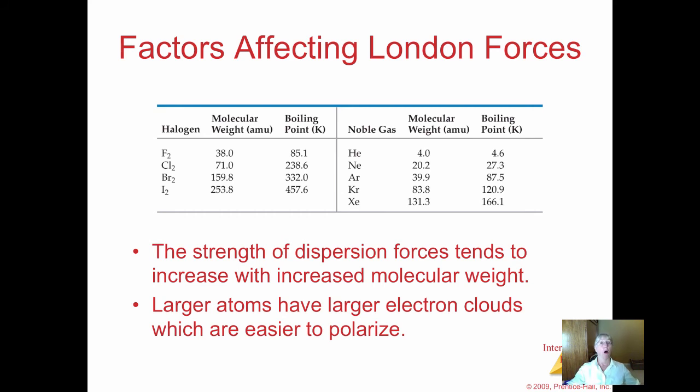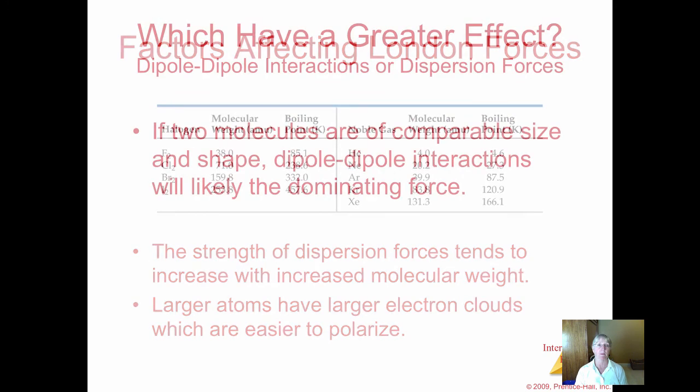And if you have a bigger polarizable electron cloud, the shift of electrons is greater, the separation of positive and negative charges is greater, and you're going to get a relatively stronger temporary dipole. Therefore the London forces between those temporary dipoles will be stronger and boiling points will be higher. So the greater the number of electrons, as a function of molar mass, the greater the strength of the London force.